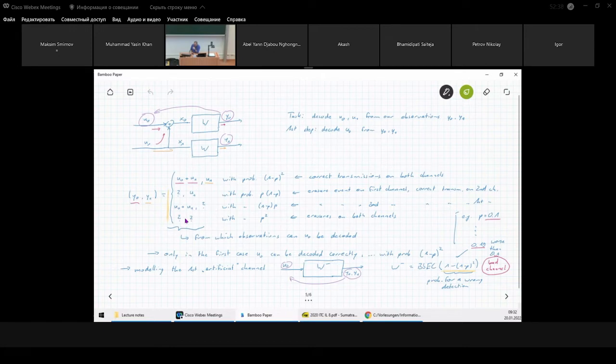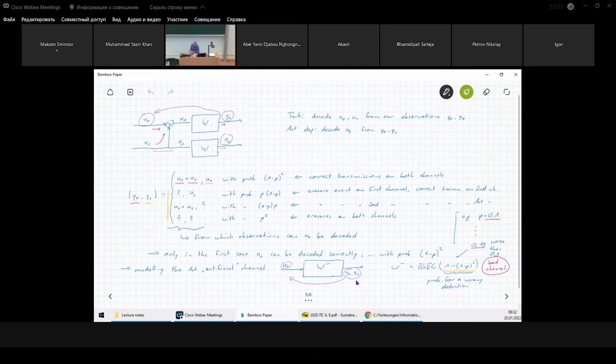And also in the last case, as already said, no chance to determine U0. So from this, we can conclude that just looking at this example, only in the first case, it's possible to decode it correctly, with probability 1 minus p.